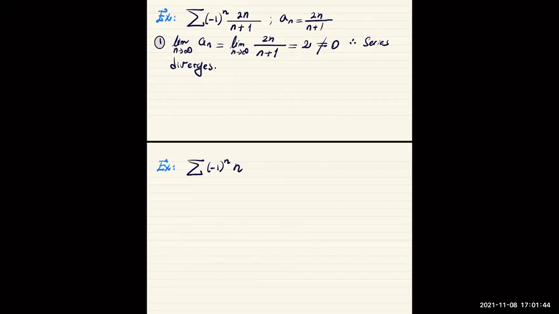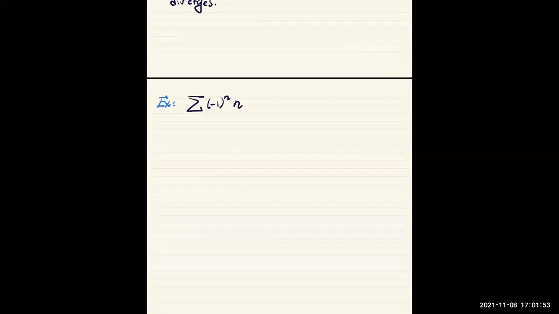But if you look at n, n is an increasing sequence. It goes to infinity, so the partial sums get bigger, and definitely we don't expect any convergence. Does that make sense, guys? The limit as n goes to infinity of a sub n is equal to infinity.